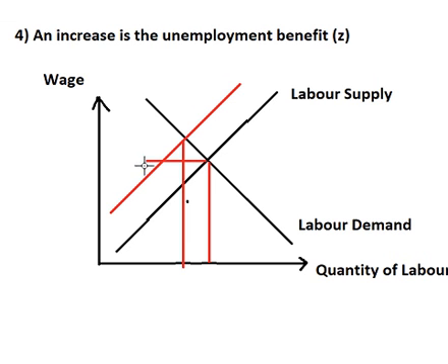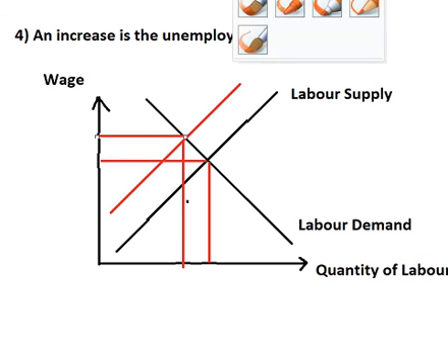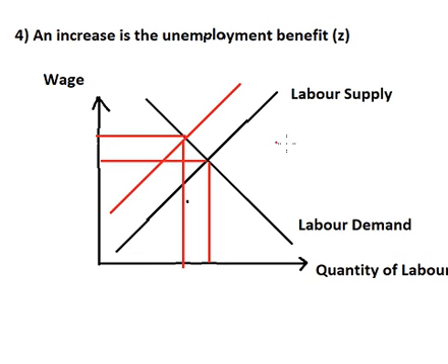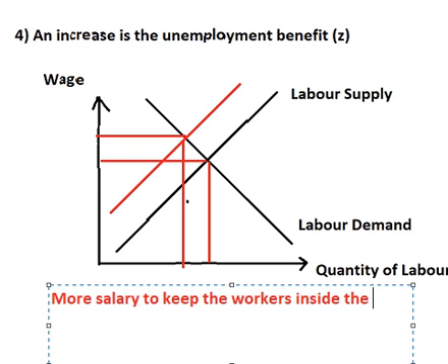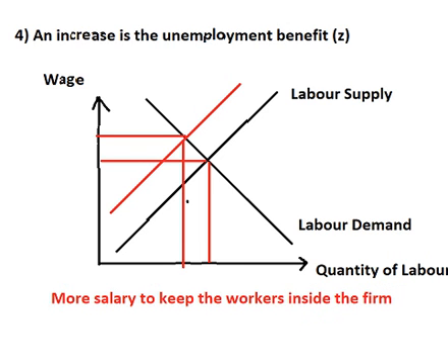However, the company needs to increase the wage. Why? Because if they don't increase the wage, the labor will reduce more. So they pay more salary to keep the workers inside the firm. That is the reason why the wage increases here.